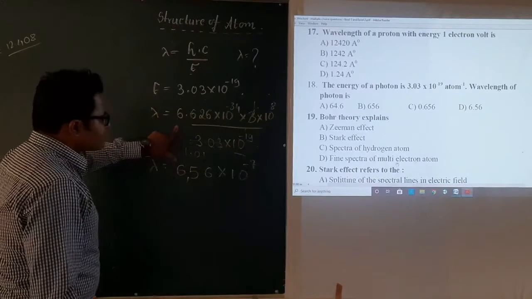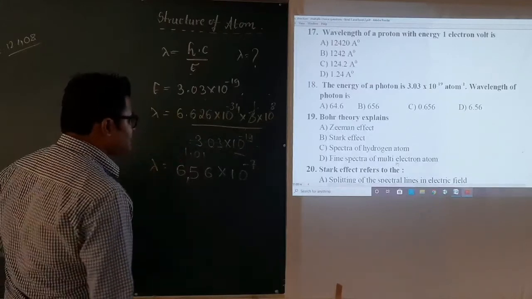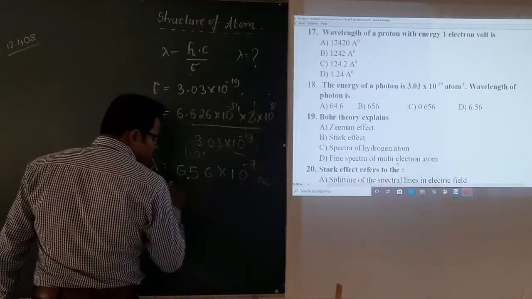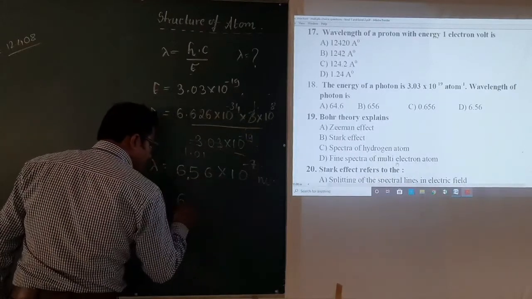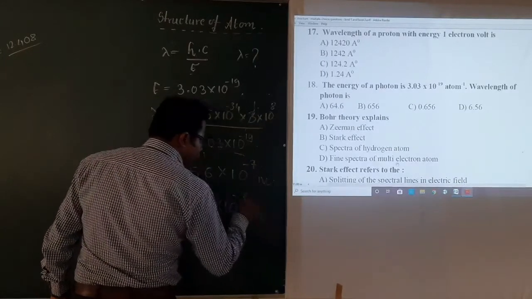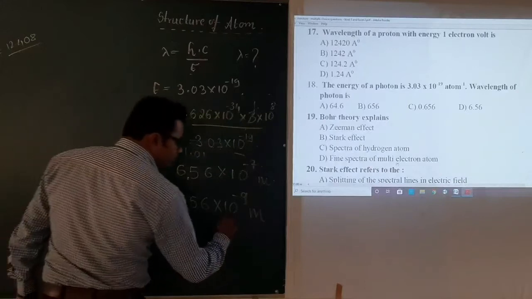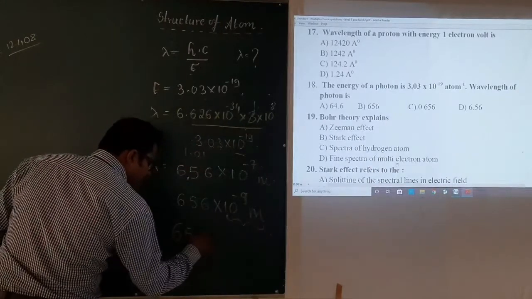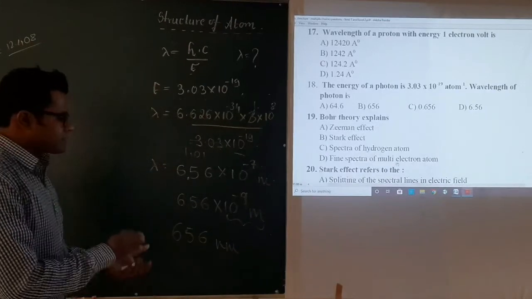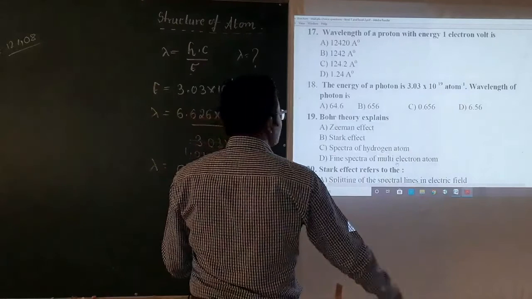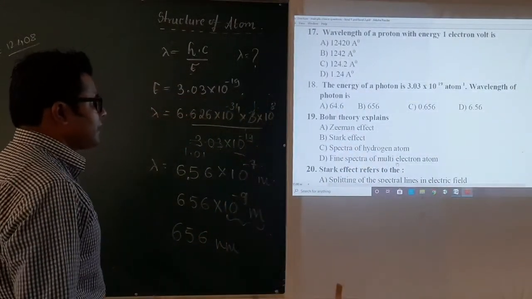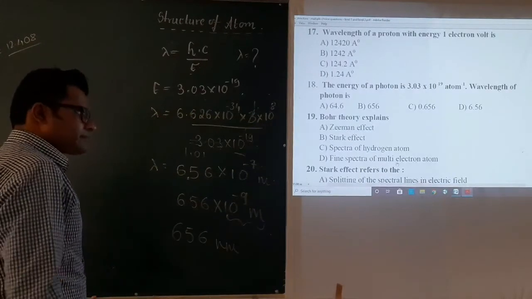So we are going to have 6.56 into 10 raised to minus 7 meters. If we shift this decimal by 2 places, that is 656 into 10 raised to minus 9 meters. So this one is nothing more than 656 nanometers. So the option over here should be 656 nanometers. Okay, so the answer is B.